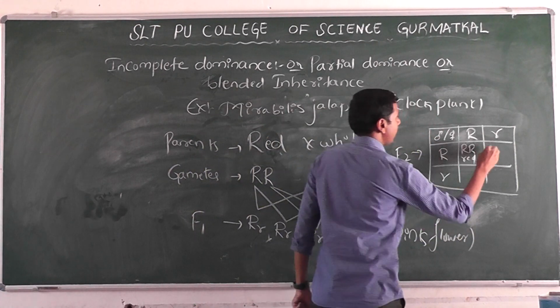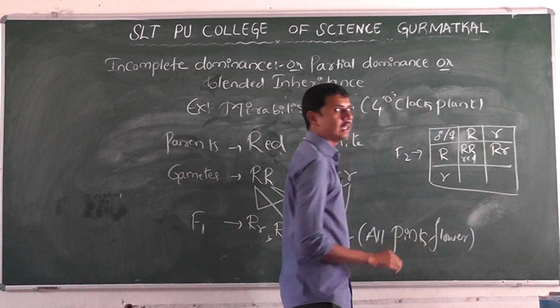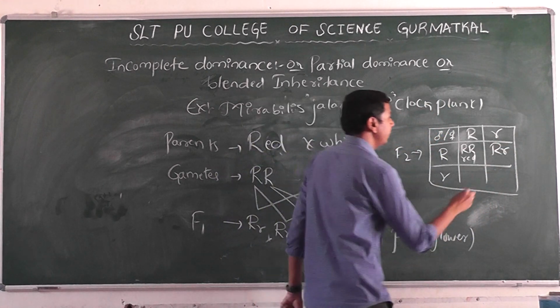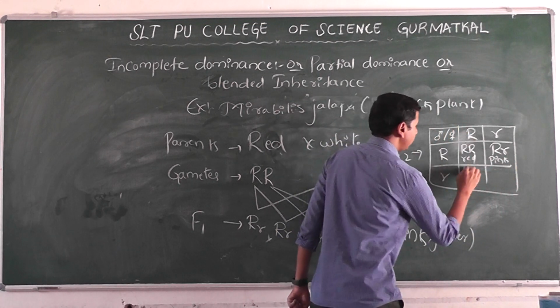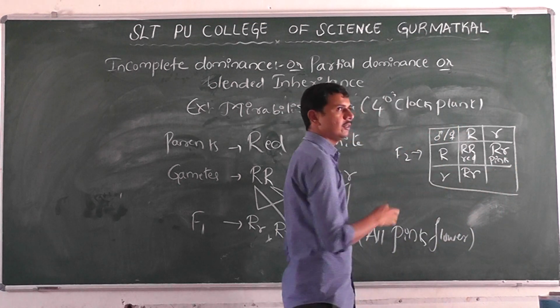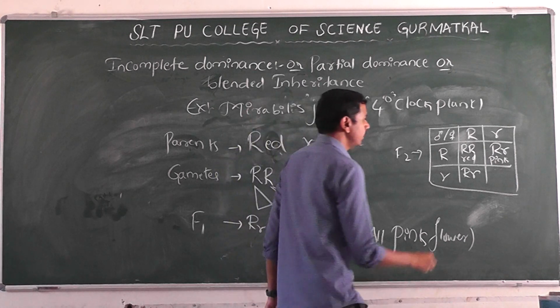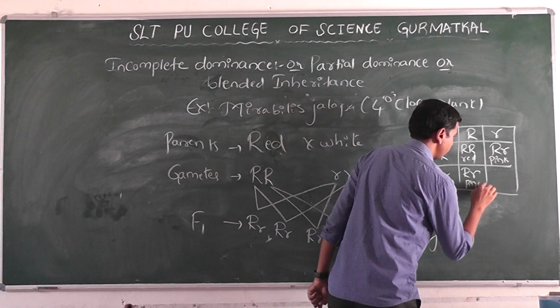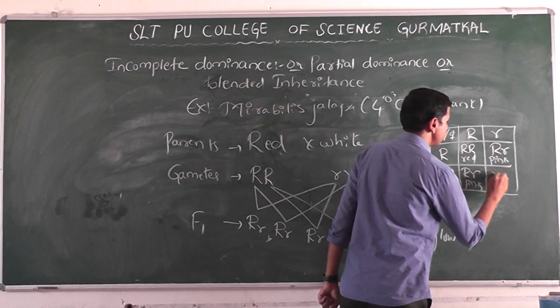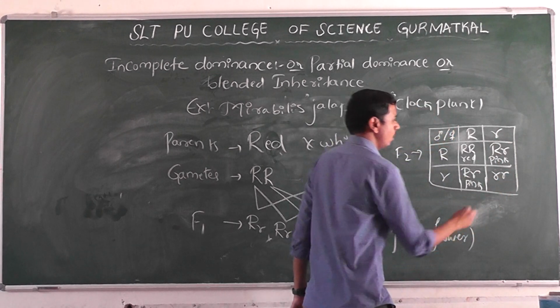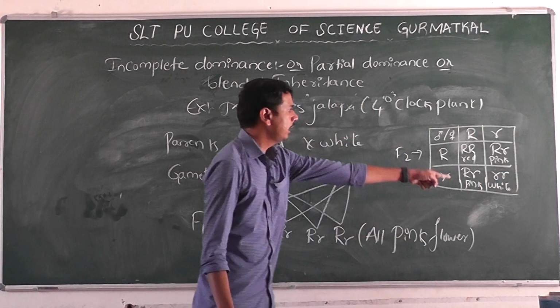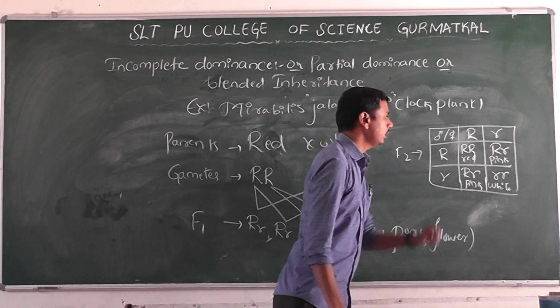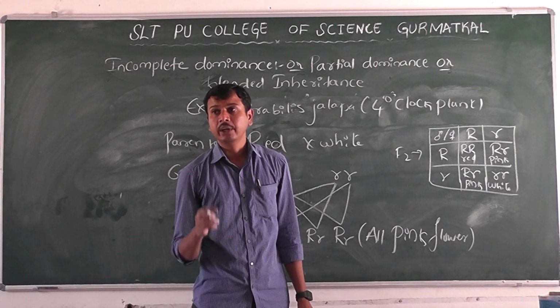Then capital R small r means what is the color? It will be the pink. Then again capital R small r, so the color of the flower will be pink. Then lastly, small r small r means white. White is the last one we have got.